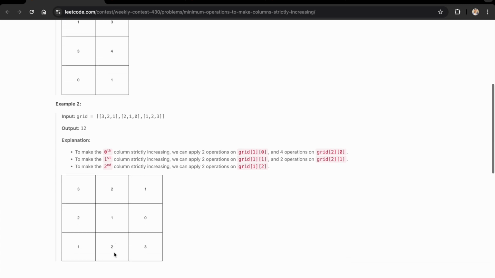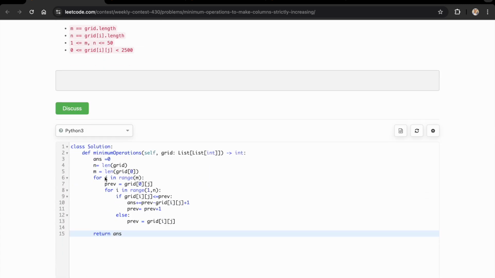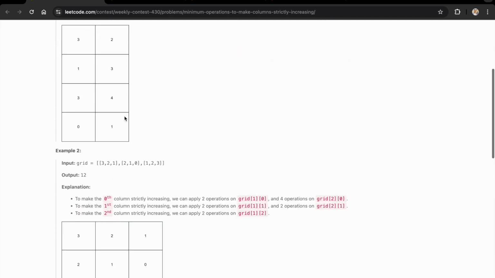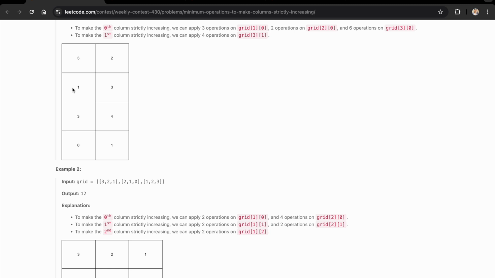So what we can do is take a previous, for every row, like the 0th row and the jth column. Now we check if grid[i][j] is less than or equal to previous, then previous minus grid[i][j] plus 1 is our operation count. Like we are at 1 and previous is 3, so how many operations do we need?